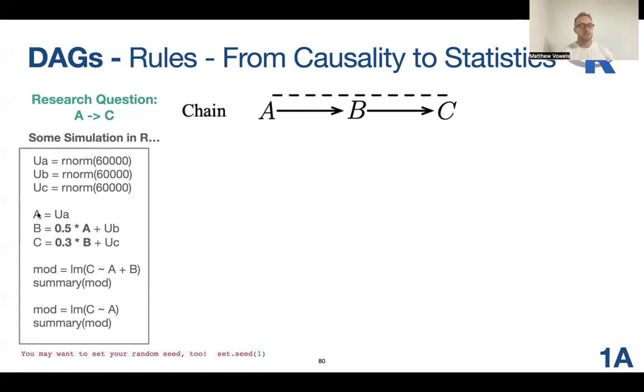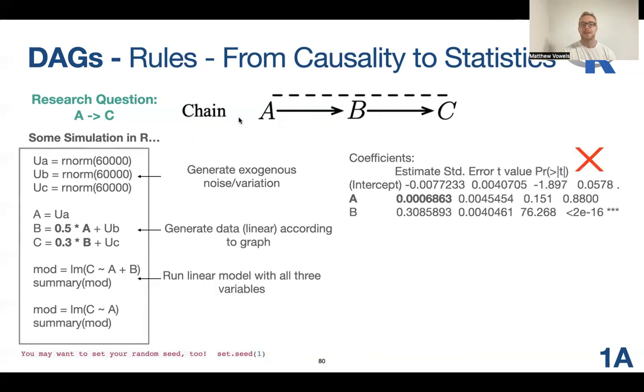I've created the data. Some psychologist is going to come and collect those data, and then they're going to run a model. And the goal is to make sure that the model that gets run is consistent with this theory and the research question that they're asking. So in other words, to start off, let's say that we're interested in the effect of A on C. Here we can compute the effect of A on C as 0.5 times 0.3, which is 0.15.